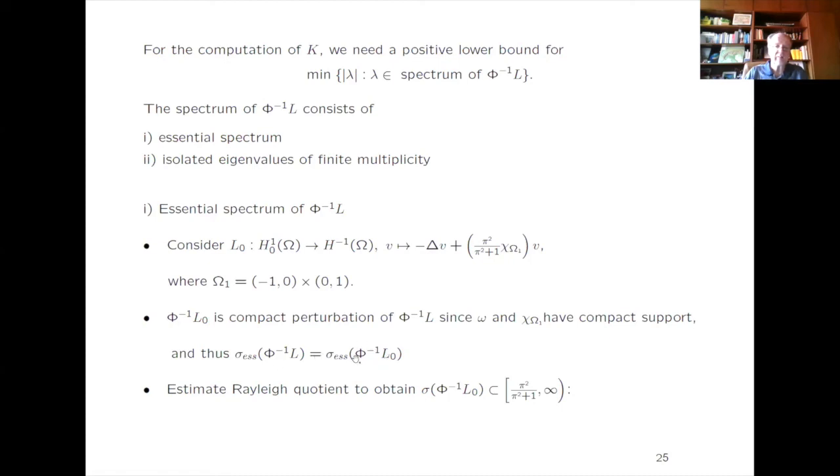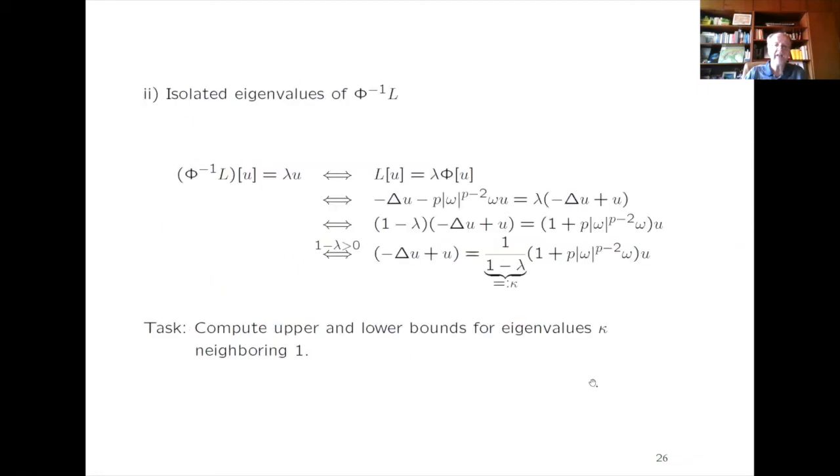For that operator, we can do Rayleigh quotient estimates to obtain that the whole spectrum of this operator is contained in this interval, which means that in particular its essential spectrum is contained in that interval, but the essential spectrum of that coincides with the essential spectrum of the given one. So here we have our bound for the essential spectrum, which is needed. And for the isolated eigenvalues, I repeated the same calculation, so I don't repeat it again.